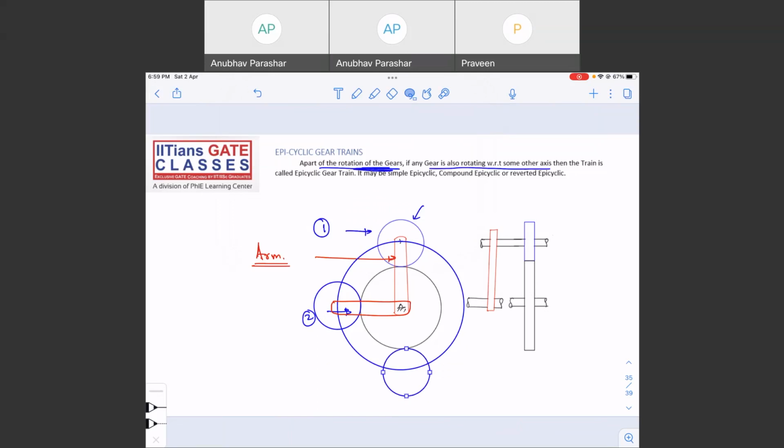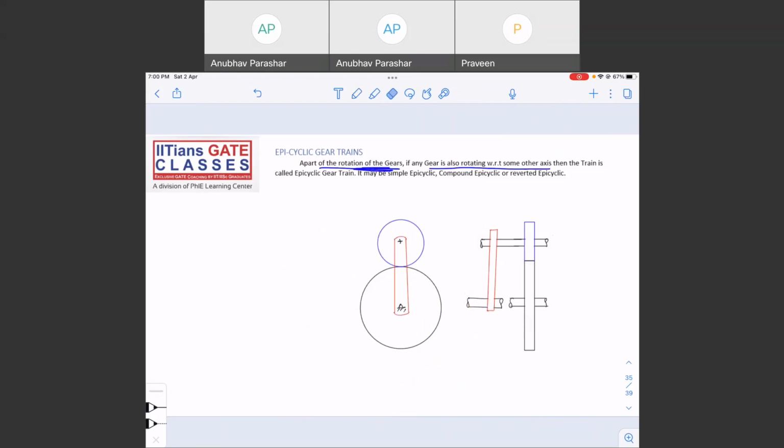The arm will come along with it, undoubtedly. So gear number one is also rotating along gear number two. So apart from the rotation of the gears, the gear is also rotating with respect to some other gear. In this case, you know it as an epicyclic gear train.